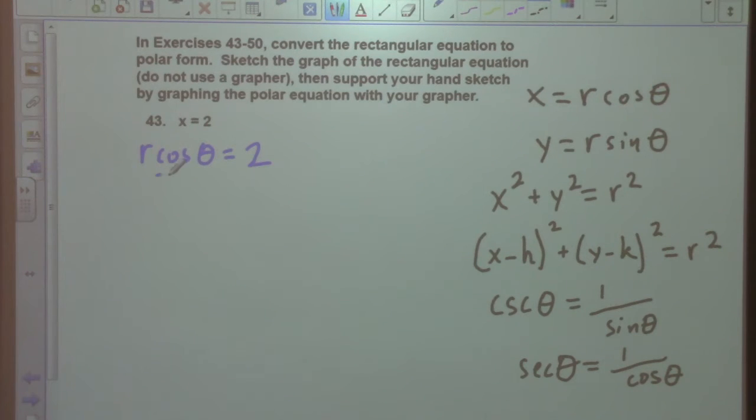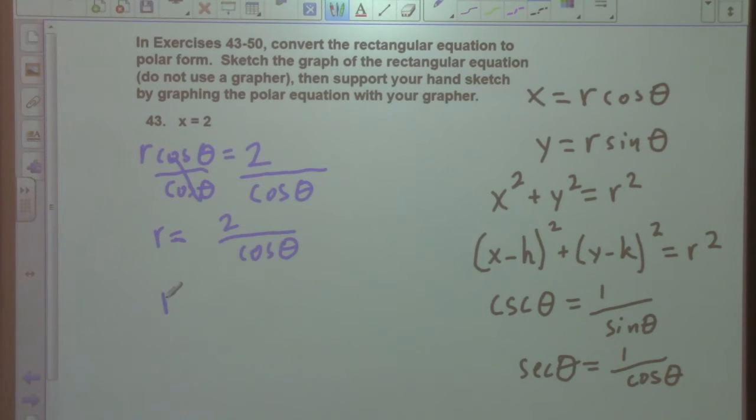So how do we make this an r equals equation? Yeah, so Karina suggests this. If we divide by cosine theta, this is what we get. So r is equal to 2 over cosine theta. And then also what we try to do is get this cosine theta out of the denominator.